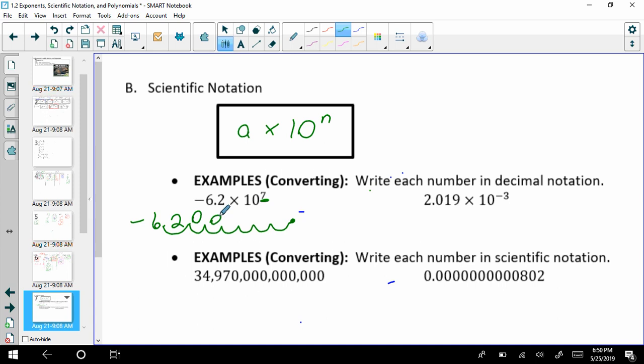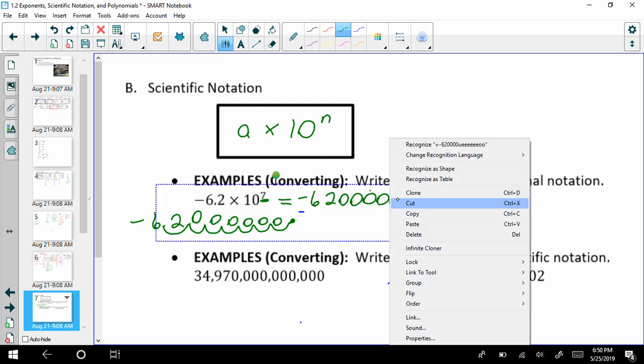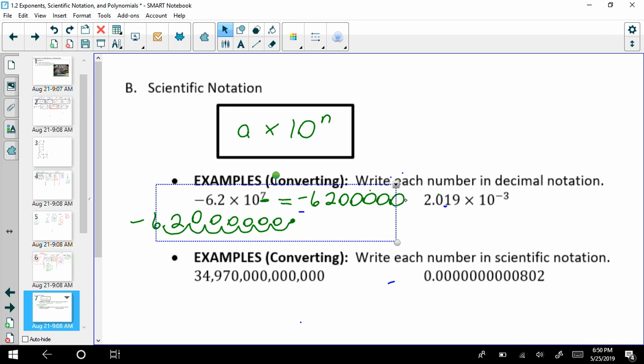So these all become zeros. So this answer written out is, let me write it up here and then we'll put my commas in. So it's negative 62 million. So scientific notation is just shorthand.